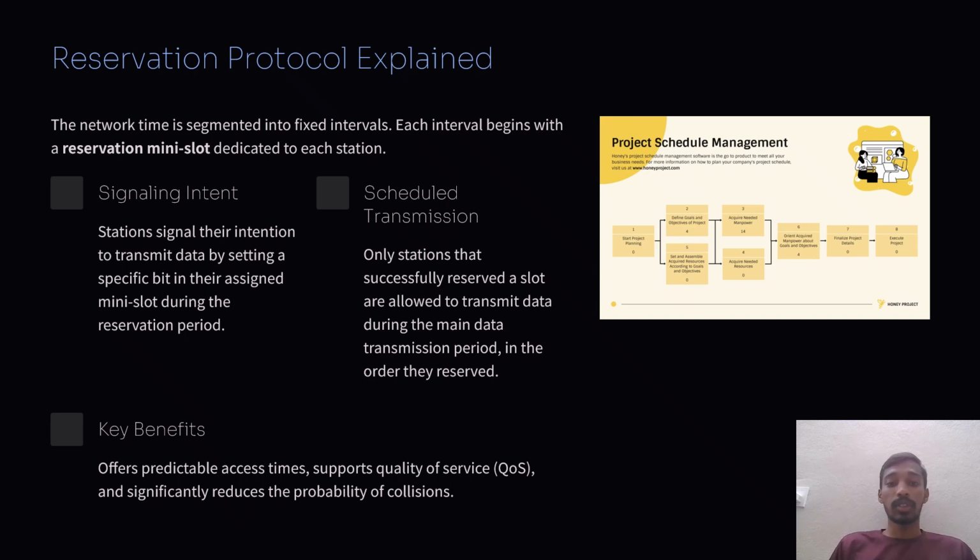Scheduled transmission: only stations that successfully reserve a slot are allowed to transmit data during the data transmission period, in the order reserved. Key benefits are predictable access, support for quality of service, and a significant reduction in the probability of collisions.